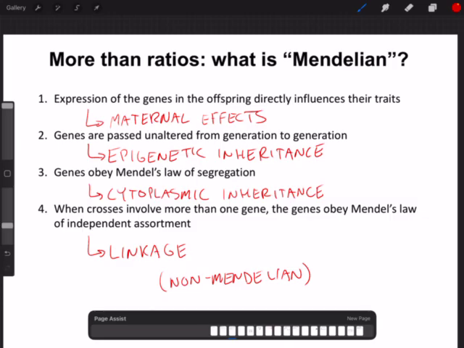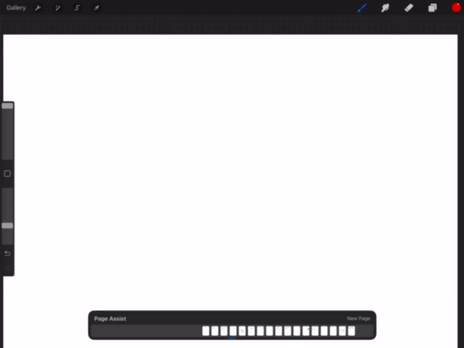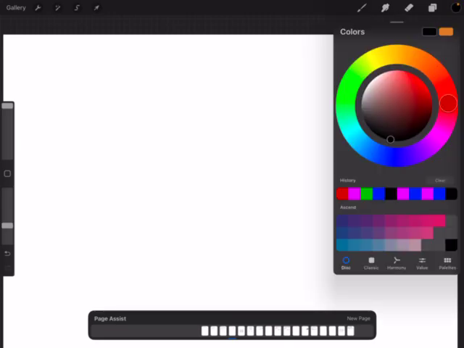So we'll go through each one of these other than linkage, and I think we should just get right into it with maternal effect.